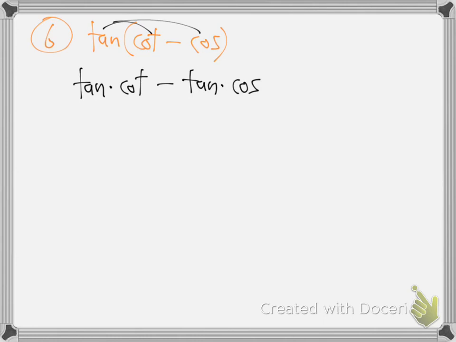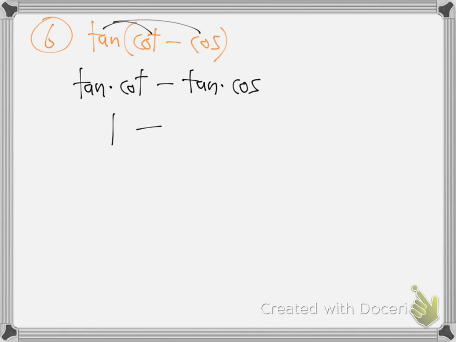Like that, right? I distribute to both of those. Now, what is tangent times cotan? That's 1. Right? Because they're upside down of each other. Minus. Okay. Now what should I do at this point?